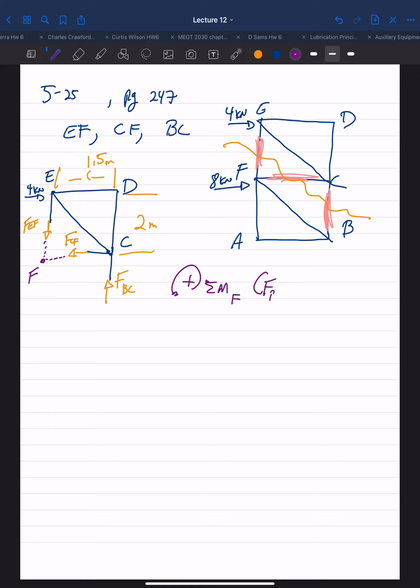So it would be FBC times the perpendicular distance to point F, which is 1.5 meters, minus the 4 kilonewton force, so for FBC, FBC is 5.33 kilonewtons, and that is in compression.